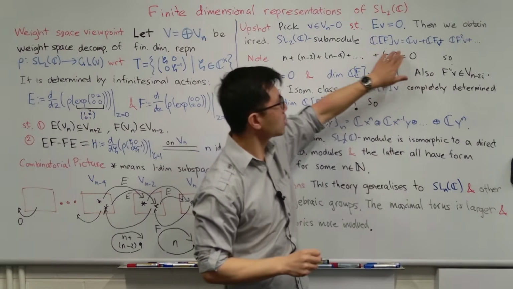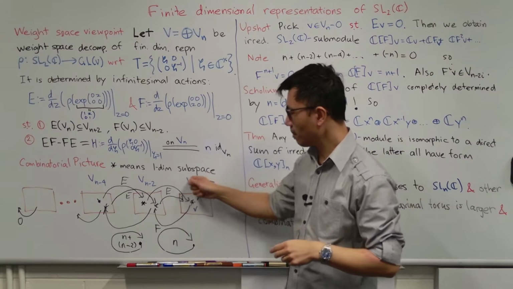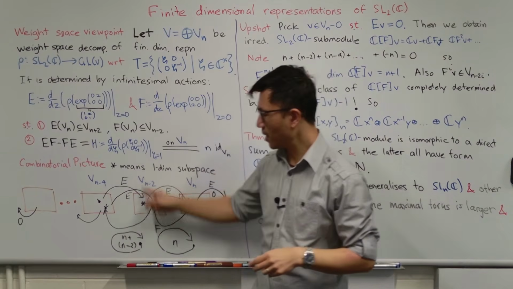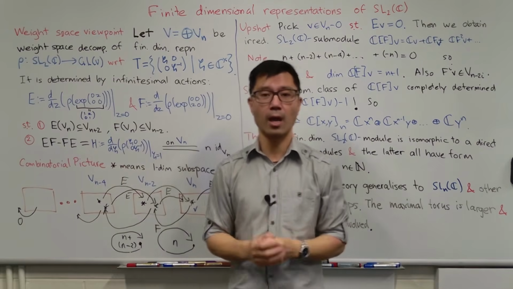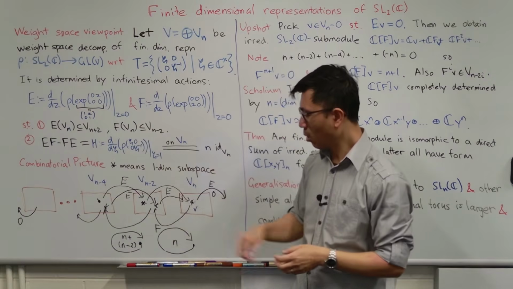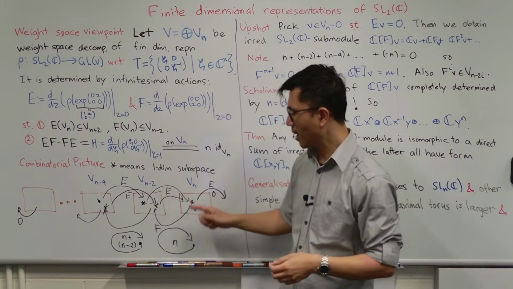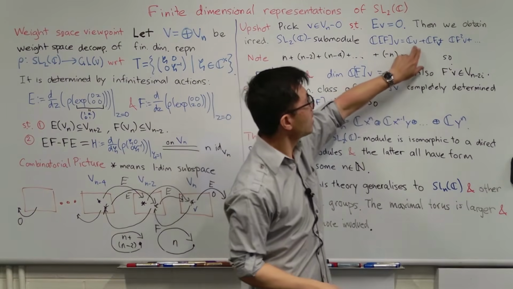So here's the weight space decomposition. It's given: this v is in V subscript n, and then fv is in here, f squared v is in here, and so forth. So that weight space is completely given. And then you also have to say how E and F act. Well, you can see how E and F act here. F acts just by, if you let F act on this v, it will go to fv.